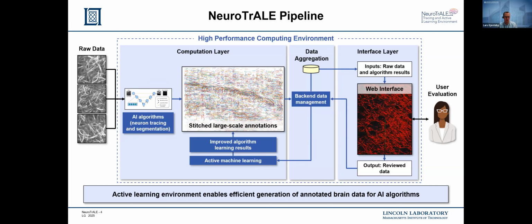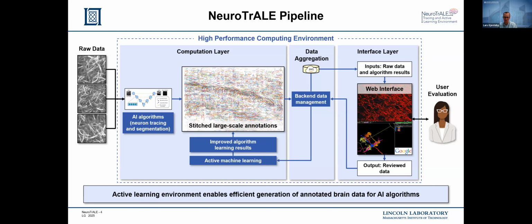Walking through this left to right, NeuroTrail ingests raw data and applies AI algorithms using image processing and deep learning for both neuron tracing and segmentation, as well as brain region segmentation. And then this data is organized by a data aggregation point, which then serves the data into a web interface layer that is based on Neuroglancer. And so the raw data and algorithm results are served to the user.